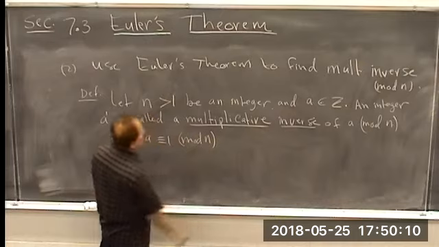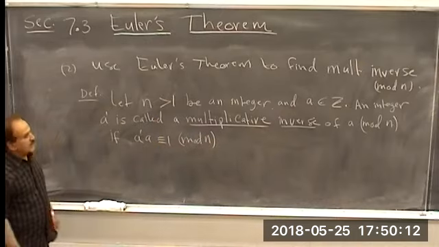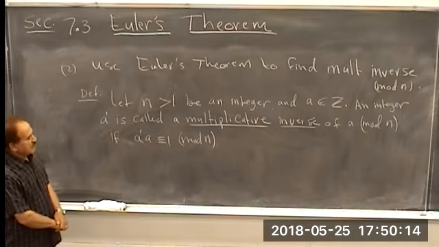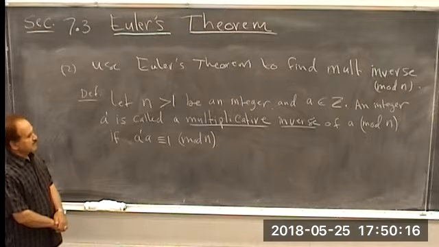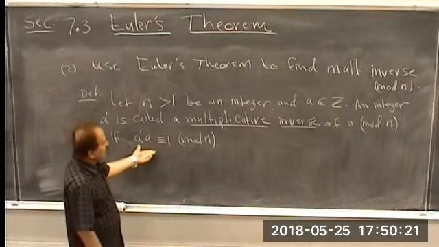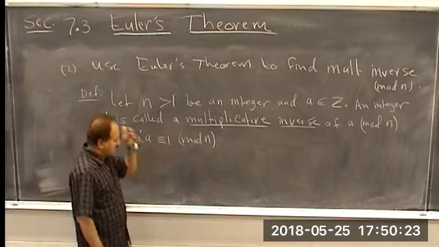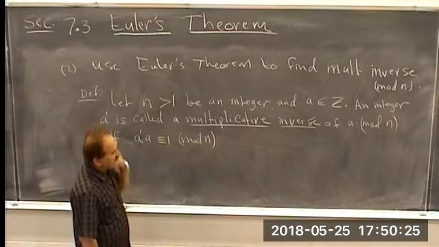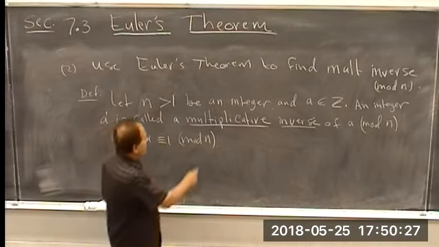In a sense, this is similar to the ordinary definition of a multiplicative inverse of a number. It is the number that when you multiply by the other number, you come up with 1. Only thing here, we replace equality by a congruence relation.